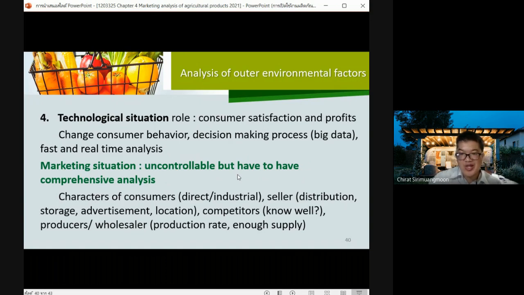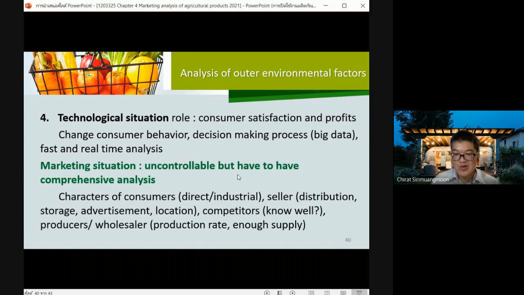For example, you can use a microwave to reheat. You can consume something fast because you have a new process. Then you can search for data on the internet, not like in the past when you didn't know anything. And you can monitor everything in real time. So this is how the technological situation also needs to be considered. So that is the general situation.